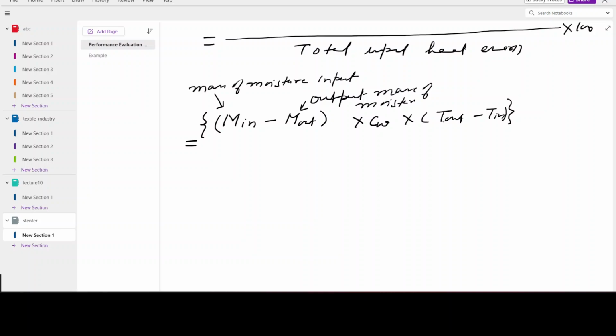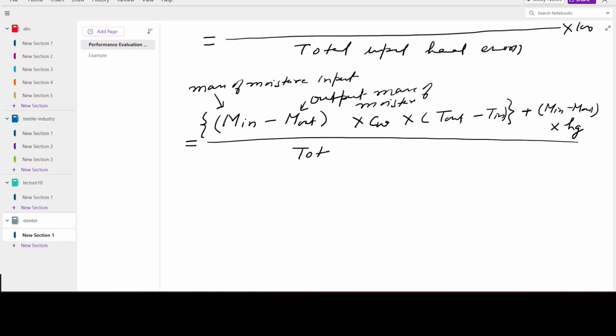Thus we have written sensible heat, and m in minus m out multiplied by the latent heat of vaporization of water gives the latent heat of vaporization. This will be divided by the total input heat energy. We will multiply it by 100.